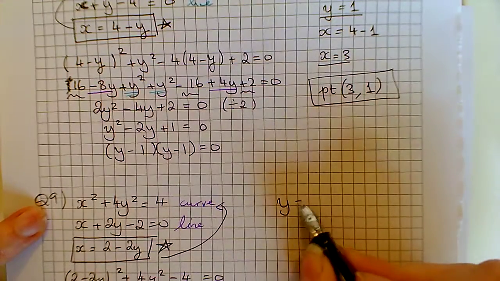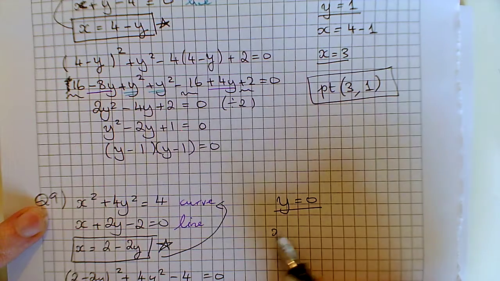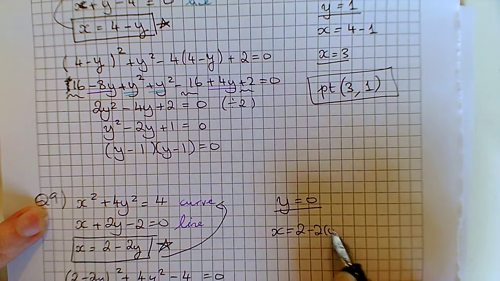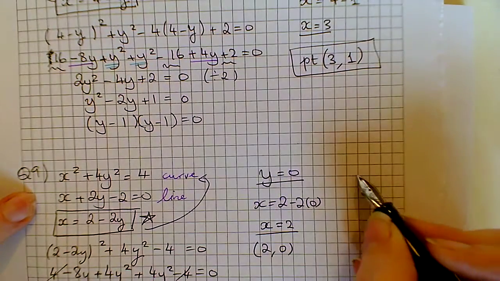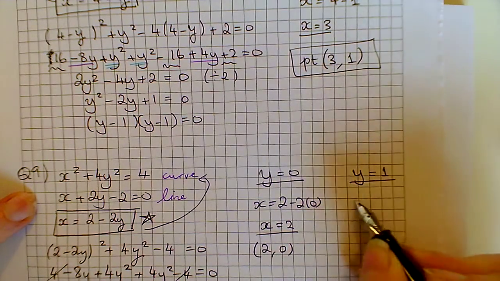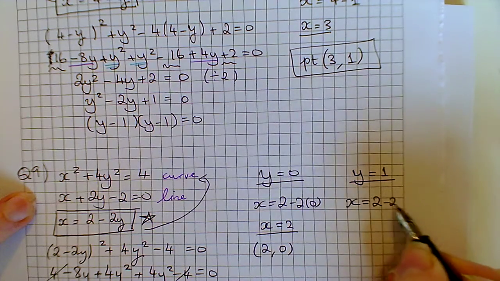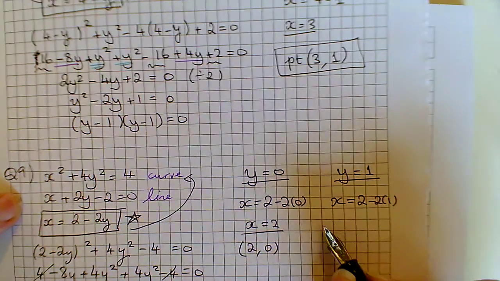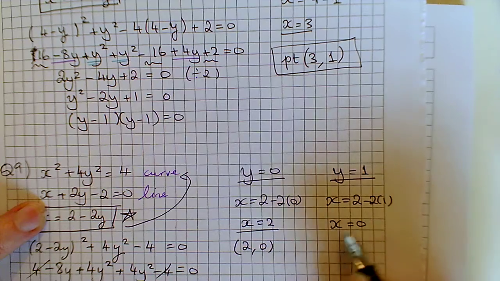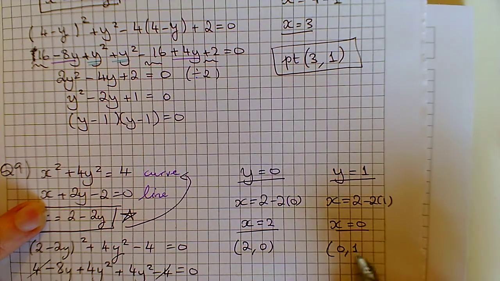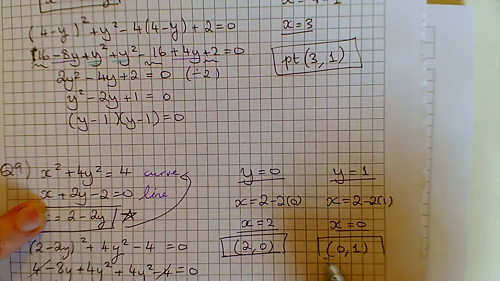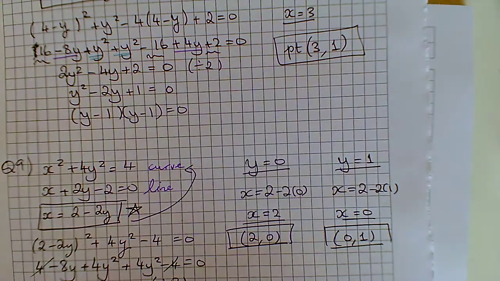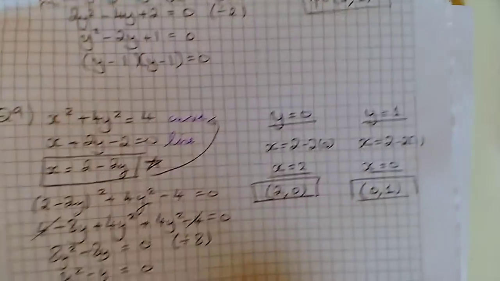Right, when y is equal to 0, x is equal to 2 minus 2 by 0, so x is equal to 2, and we have the point 2, 0. When y is equal to 1, x is equal to 2 minus 2 times 1, so x is equal to 0, and we have the point 0, 1. So that line and curve intersect at two different points, at the point 2, 0 and 0, 1.